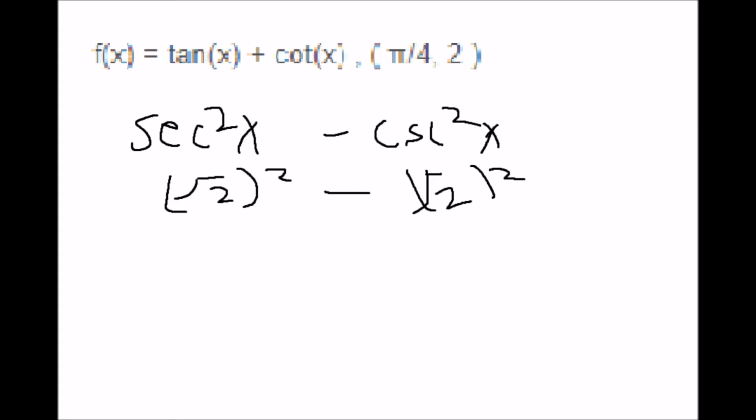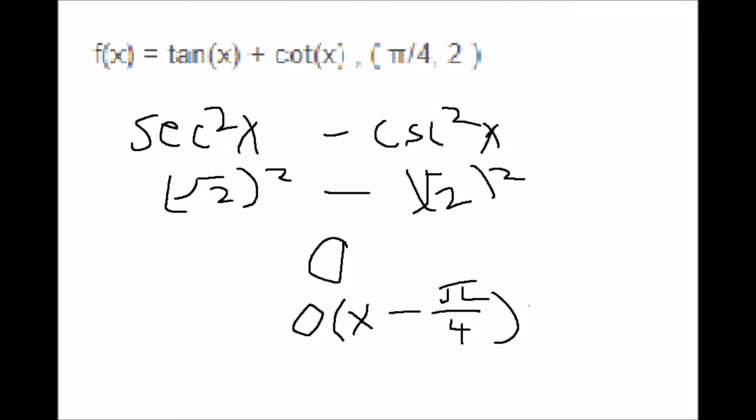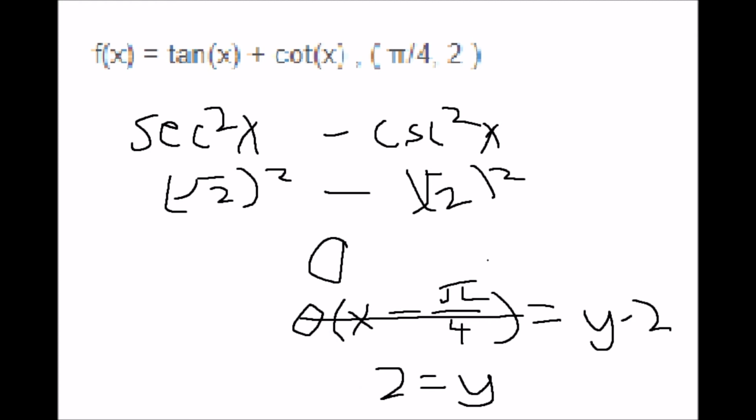And so that's 0. So our slope is 0, so using point-slope form, we have the quantity x minus pi over 4, all times 0, equals y minus 2, and so that cancels out, and we have 0 equals y minus 2, which we can simplify to y equals 2, and that is our tangent line.